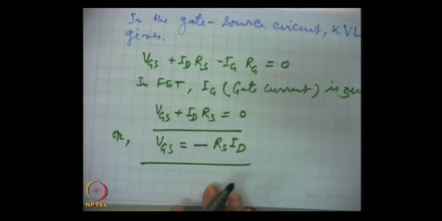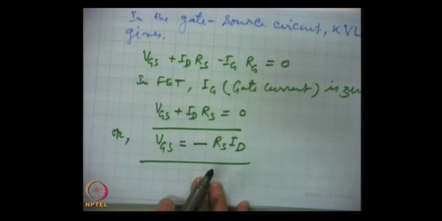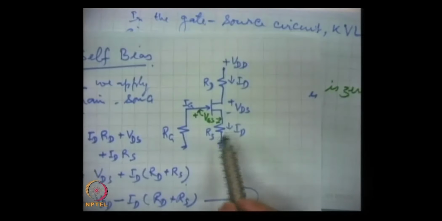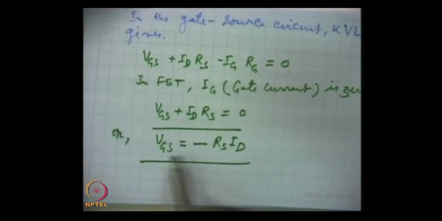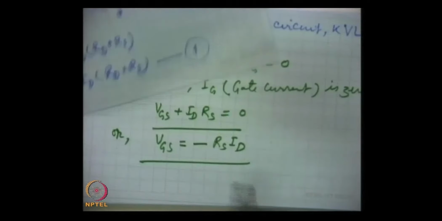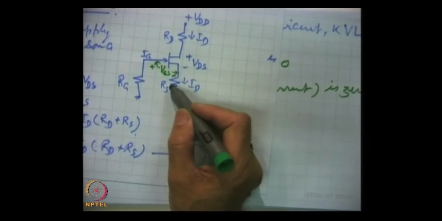Now, several important features can be discussed with this. One is, if Rs is 0, then the voltage Vgs will be 0, so we will be in the cutoff region. So, in self bias, the value of Rs decides the value of this voltage.